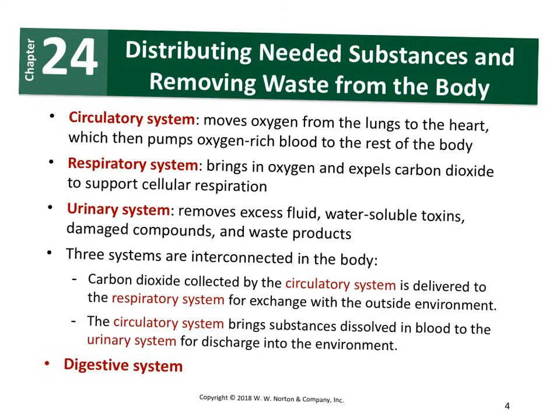So these systems are interconnected. Carbon dioxide collected by the circulatory system is delivered to the respiratory system, exchanged for gas exchange with the outside environment. The circulatory system brings substances dissolved in the blood to the urinary system, and so on.